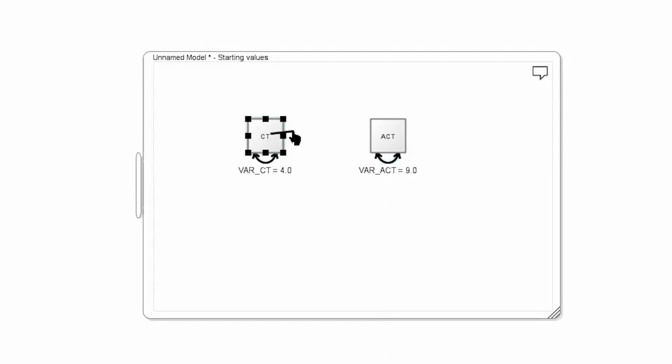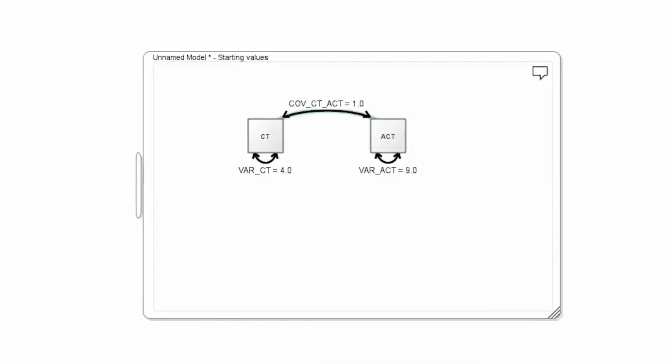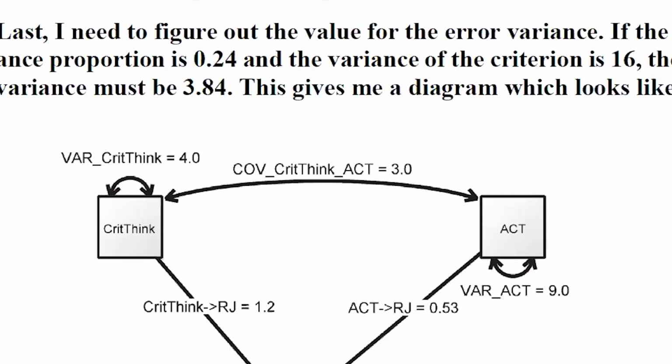Now I want to join these two with a sling. So I hit Shift, connect one box to the other. I can free that parameter, and the value that I want to put in is going to be 3. I got that from the spreadsheet.